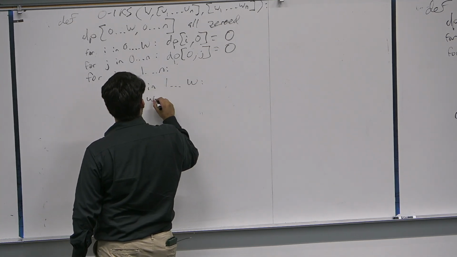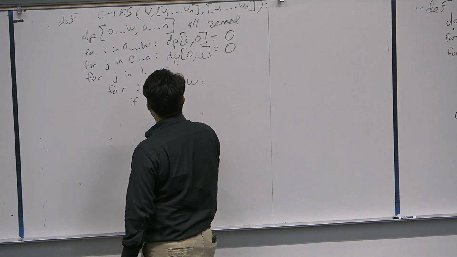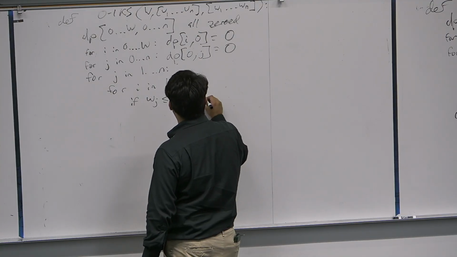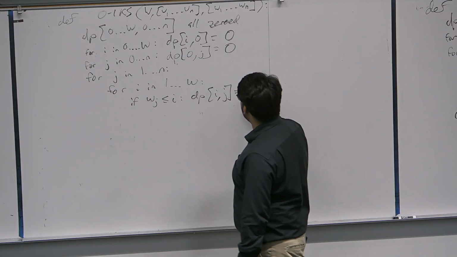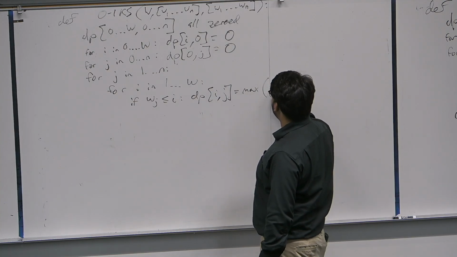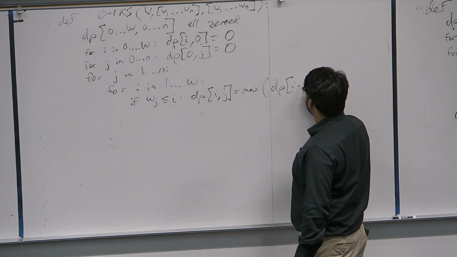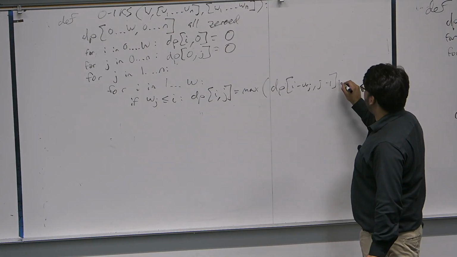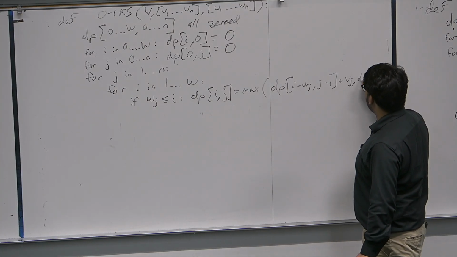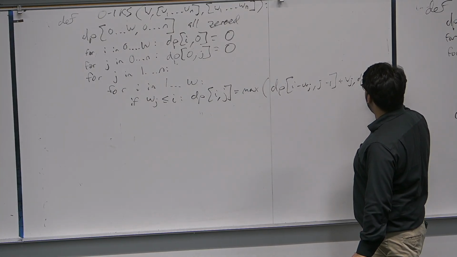if we can consider the item, then dp of I comma j takes on the max of the two options we have, which is either we choose to steal it, so dp of I minus wj comma j minus 1 plus vj, or dp of I comma j minus 1.